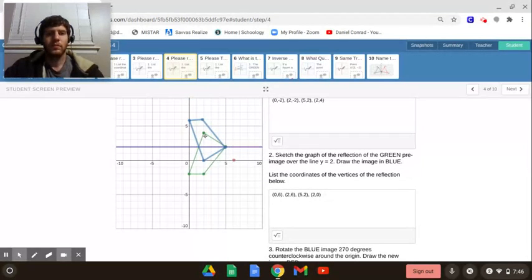2, 6 is in quadrant 1. So if we go 90 degrees, we're in quadrant 2. If we go 180, we're in quadrant 3. And if we go 270, we're going to be in quadrant 4. So the signs there are positive, negative.